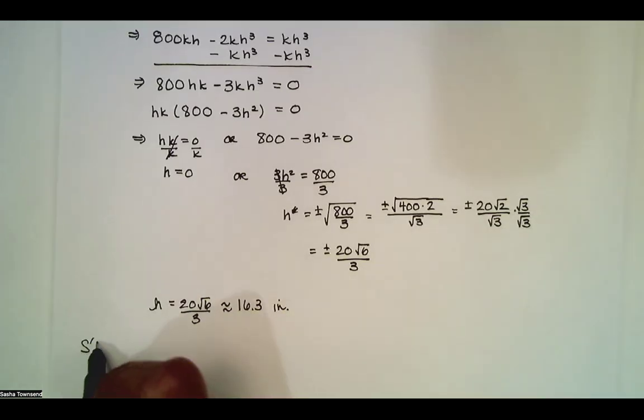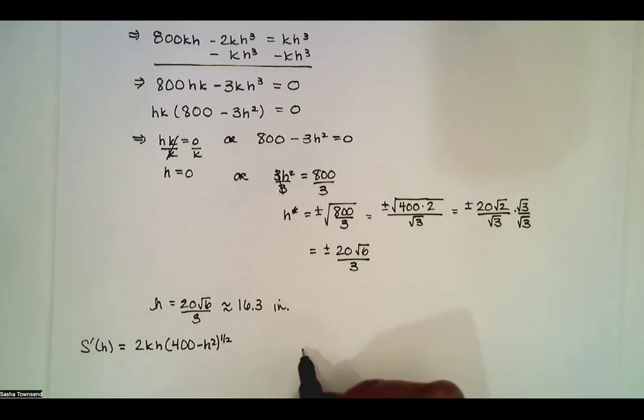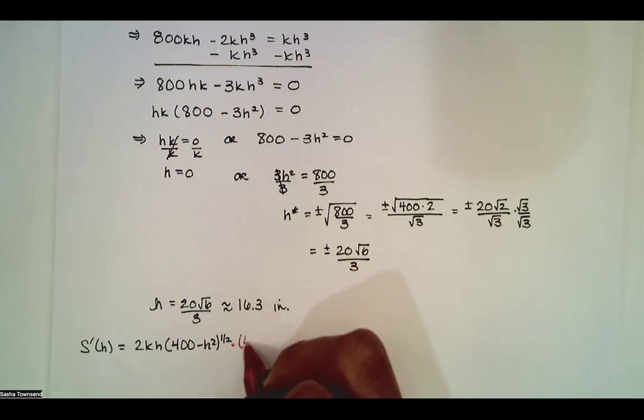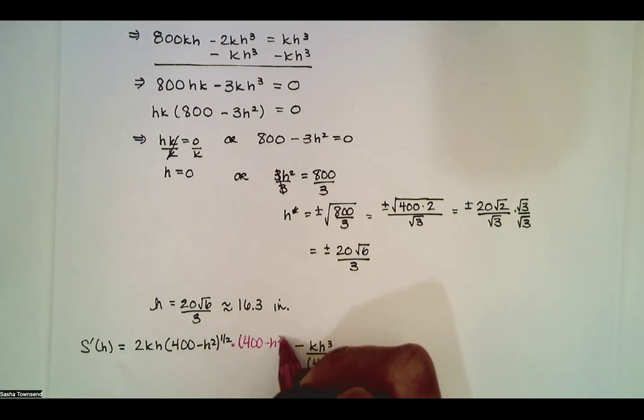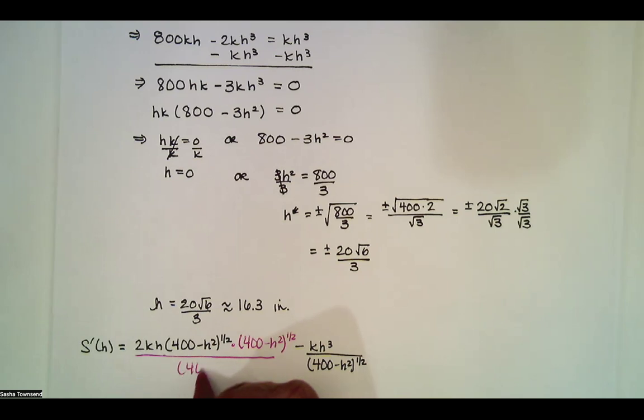S prime of h was equal to this 2kh times the quantity 400 minus h squared to the 1/2. And then we were subtracting kh cubed divided by 400 minus h squared also to the 1/2. And then we multiply by that 400 minus h squared to the 1/2 divided by itself here in order to get a common denominator.